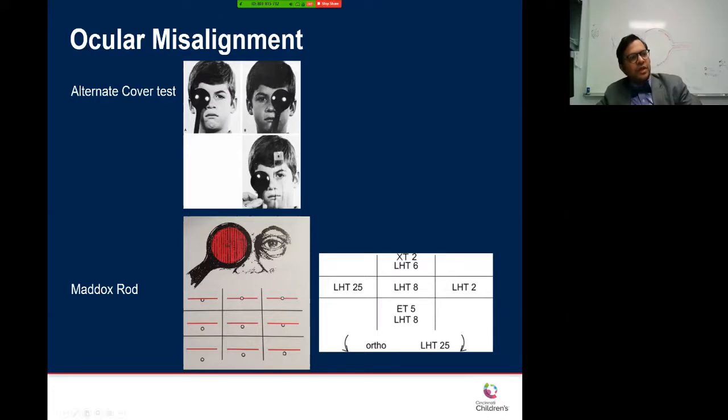You can measure this in both hypertropia, if one eye is above or below, or in terms of esotropia and exotropia, and that's what these designations are. XT is exotropia. This is a left hyper, so the left eye is sitting a little higher than the right eye. This is just an example to show you.